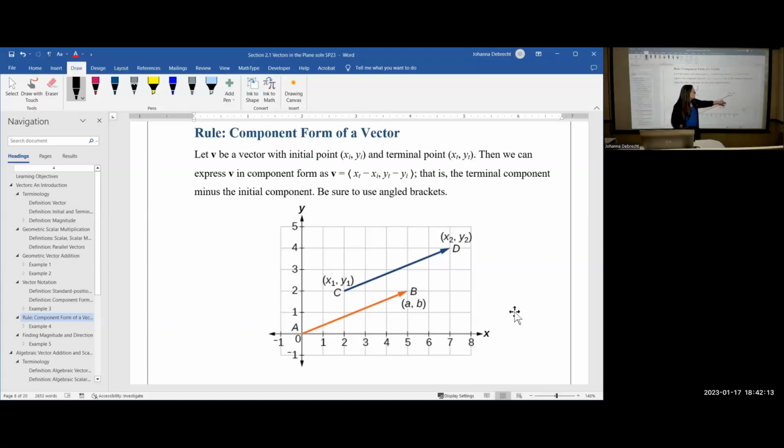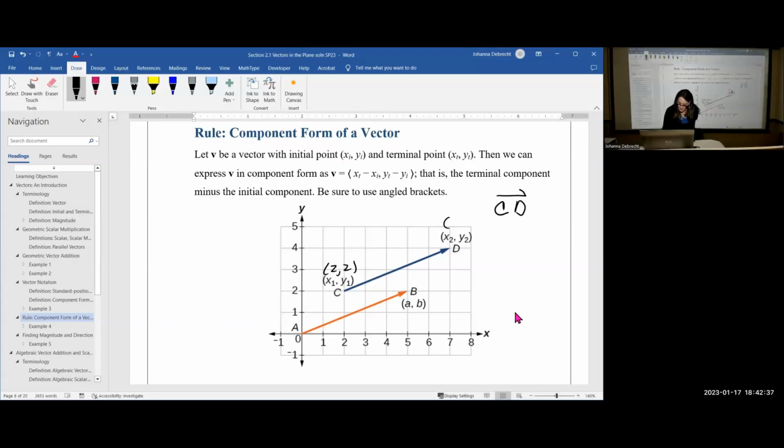So let's go ahead and give the component form for the vector going from C to D. So from C to D, and we're going to draw it like that. Again, I need to come up with the ordered pairs. C looks like it's at 2, 2. So this is the ordered pair 2, 2.